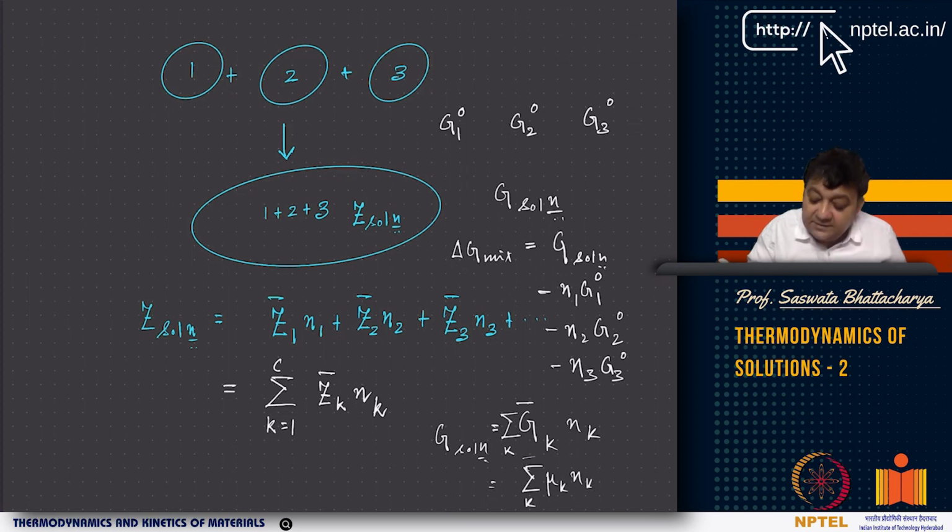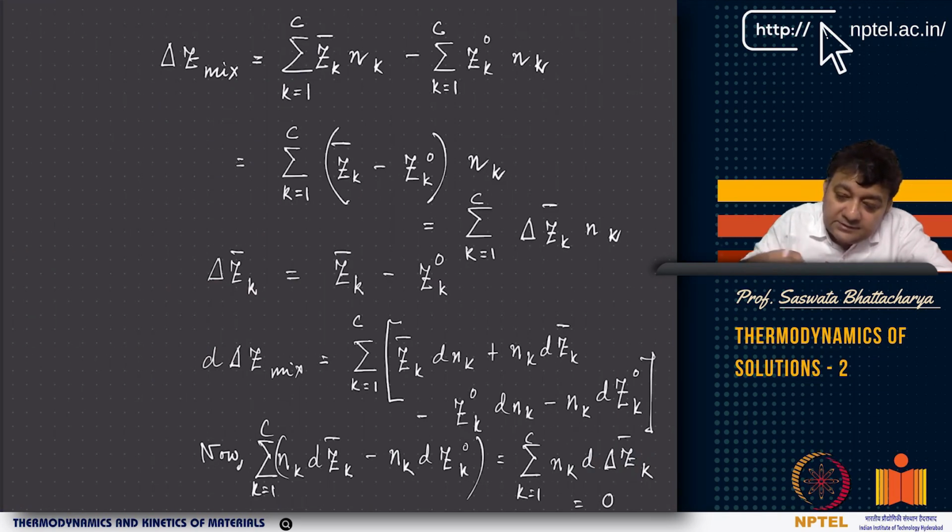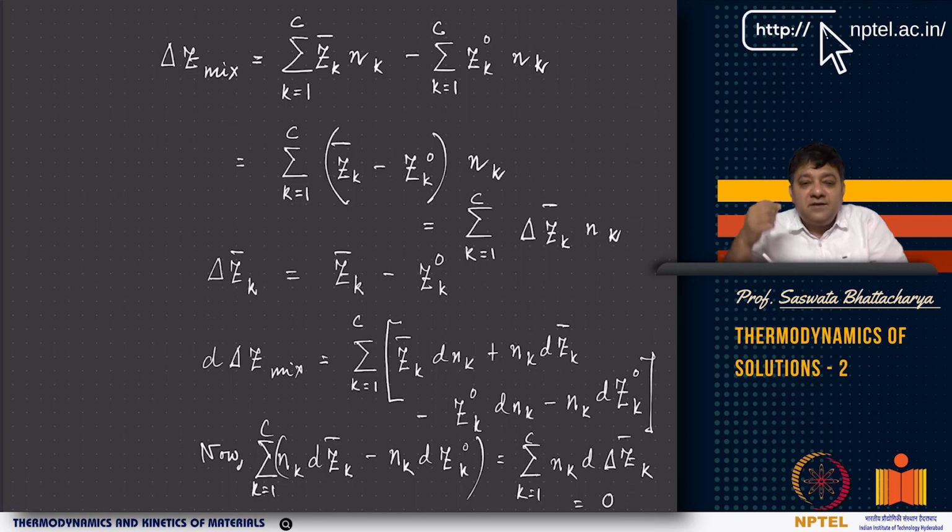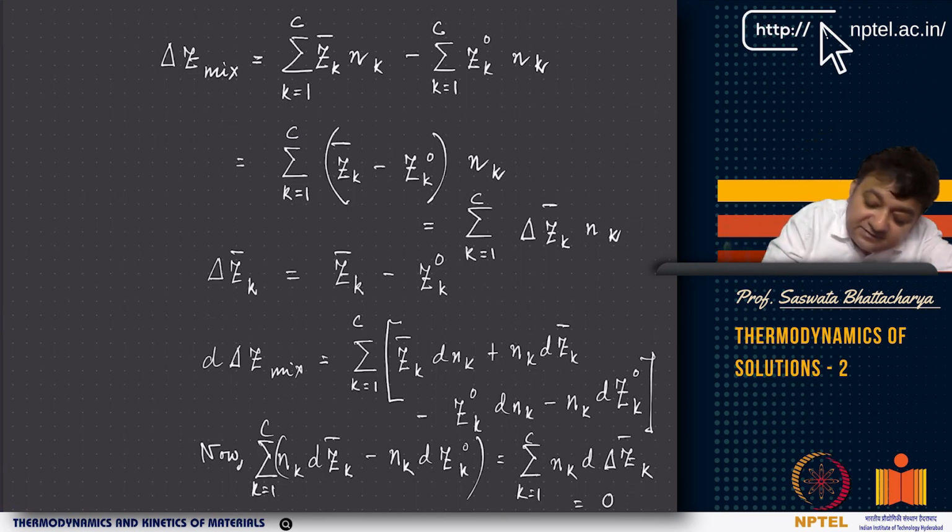You have a state before mixing, which is the standard state, G10, G20, G30 and so on, and you had a state after mixing, which is like G1 bar, G2 bar, G3 bar and so on, or basically mu1, mu2, mu3 and so on. And then the difference between them will give me the change in the free energy due to mixing, or delta G mix, or in this case more generally delta Z mix.